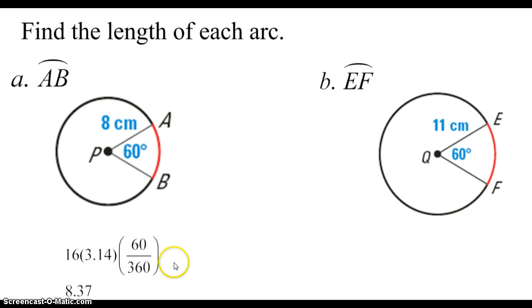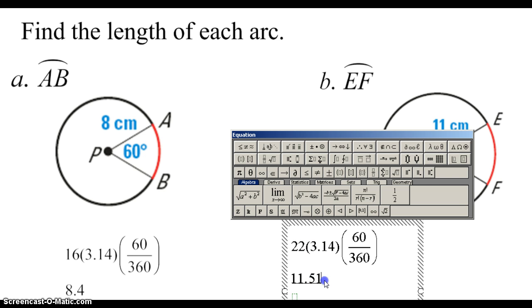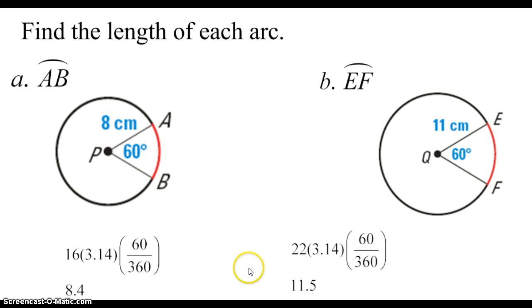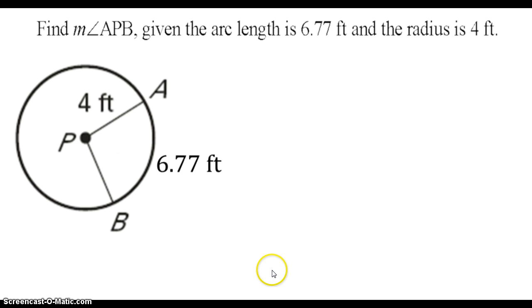You should have taken 16 times 3.14 times 60 out of 360, or if you realize that is 1/6, you could have put 1/6 instead of 60 out of 360. Final answer 8.37, or since I said now we're going to round to the tenths, 8.4. EF, exact same thing except 22 times 3.14 and then times the sixth. So there's no other concept here. It's exactly the same concept. I just can ask for different things.